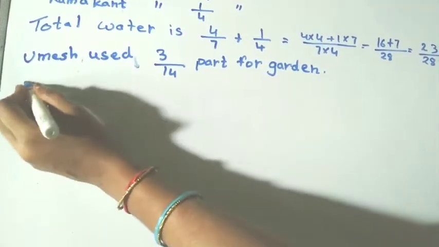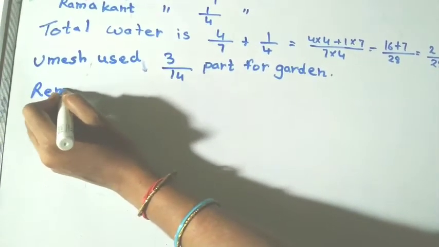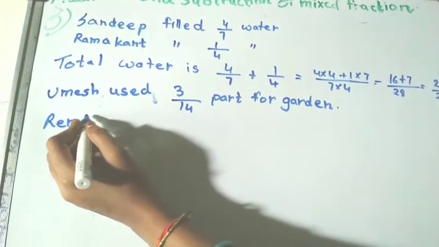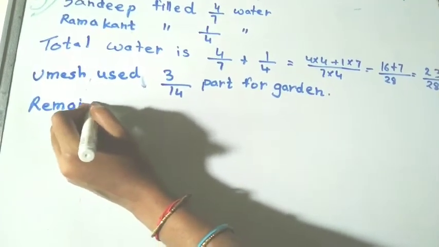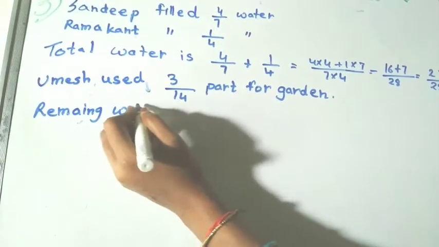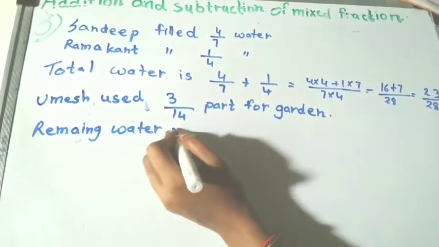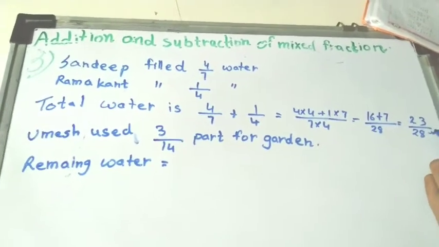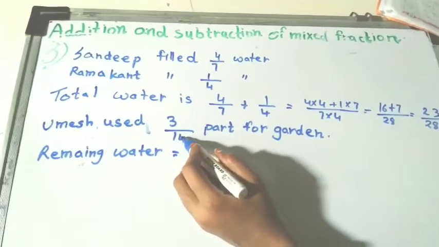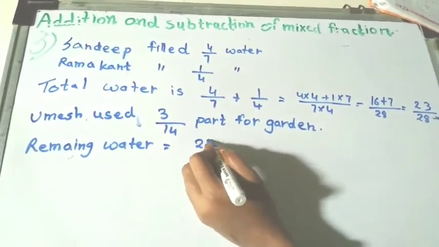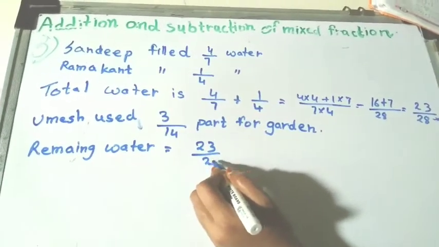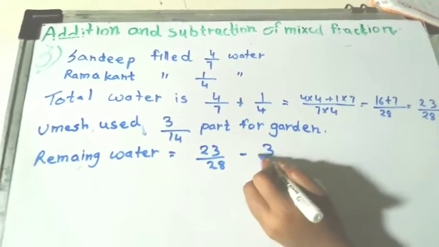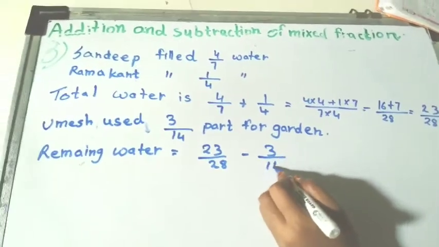Then the remaining water means we subtract the used water from the total water. 23 by 28 minus 3 by 14.